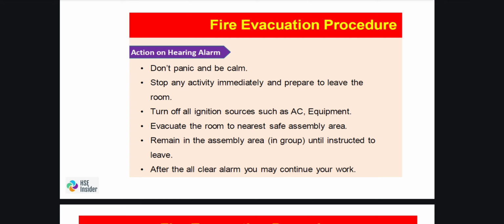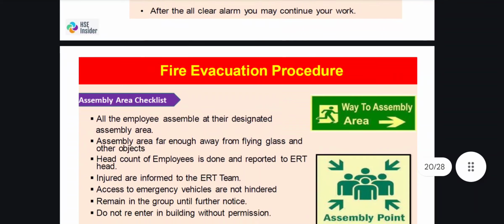In your industry the marking will be done to reach the nearest safe assembly point. Remain in the assembly area in a group until instructed to leave by the incident controller or fire controller. After the all clear alarm, you may continue your work. Once the incident clearance is given by the respective authority, then you can go back to your workplace.